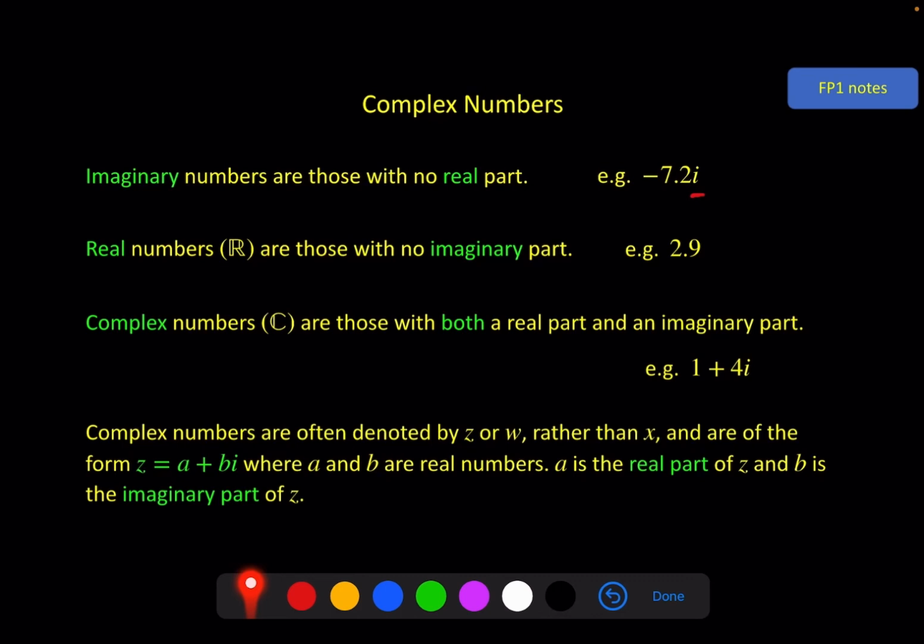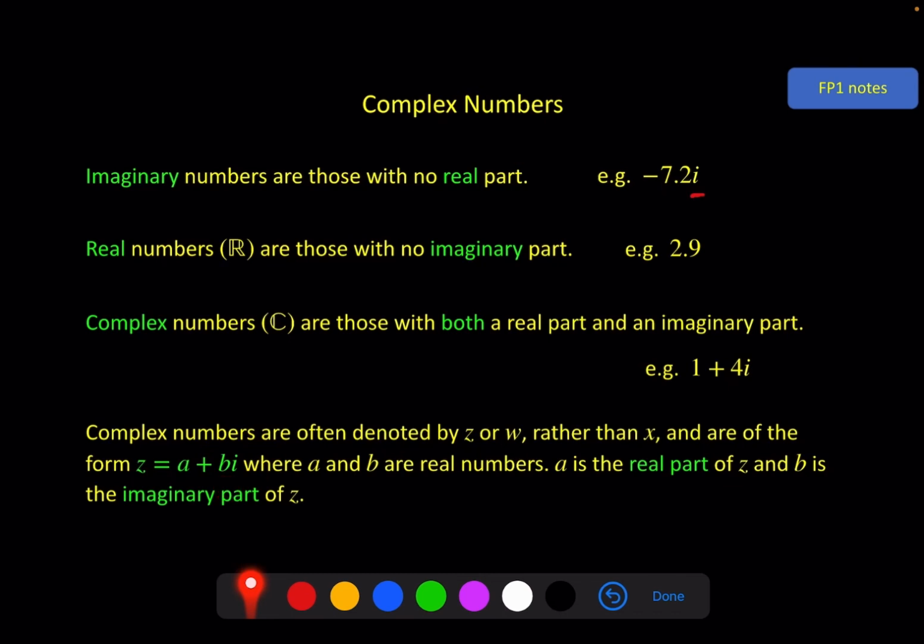And they have the general form a + bi, just like this, where a and b are defined as real numbers. Now that might sound strange because I've just said this is the imaginary part, but what I mean is the b by itself is a real number, and having the i attached to it makes this the imaginary part of the complex number.